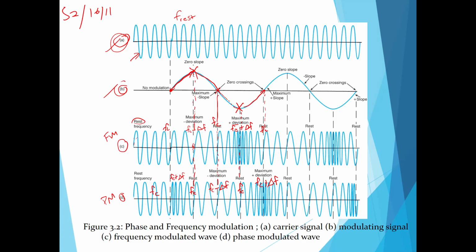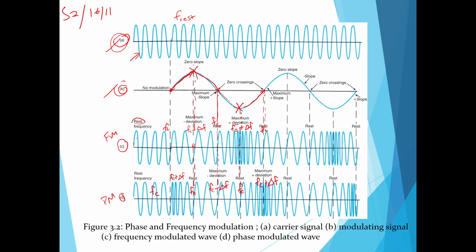Okay, so we have asked this kind of question in the previous exam, where students need to know whether this is FM or PM. Then you can calculate the other parameters. In order to know whether this is FM or PM, you need to have the reference carrier and also the reference modulating signal.